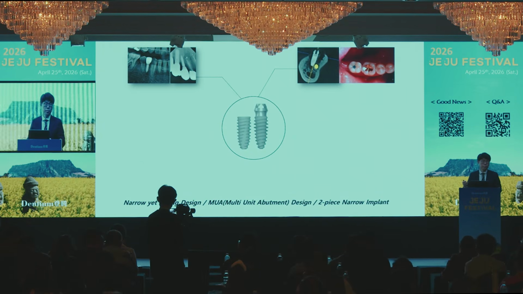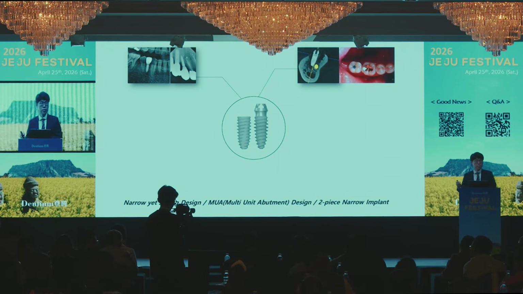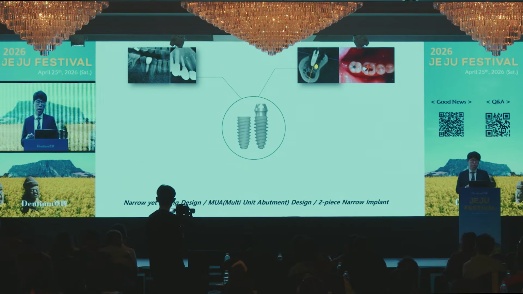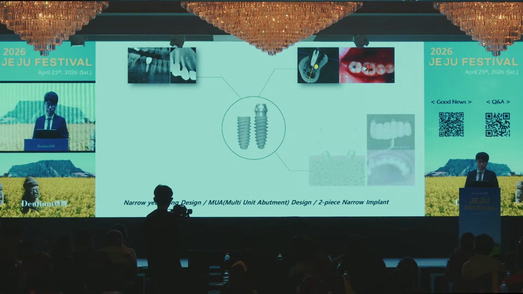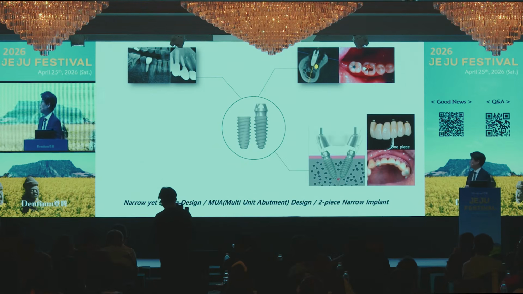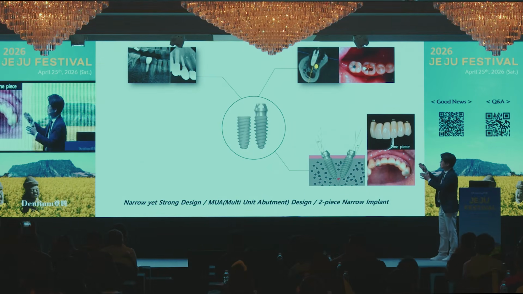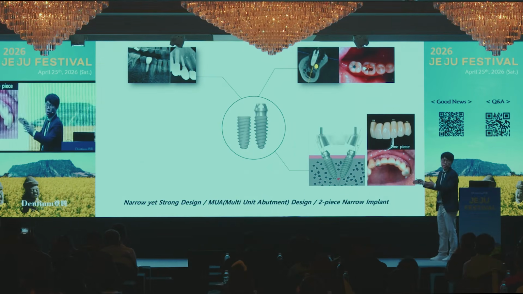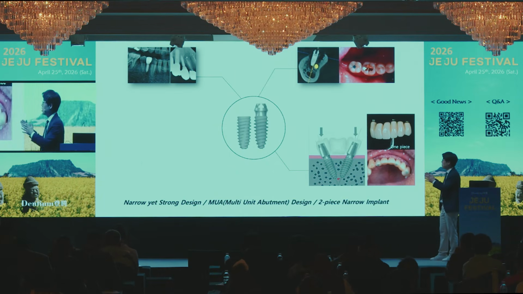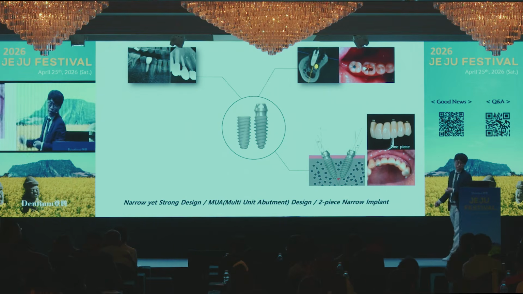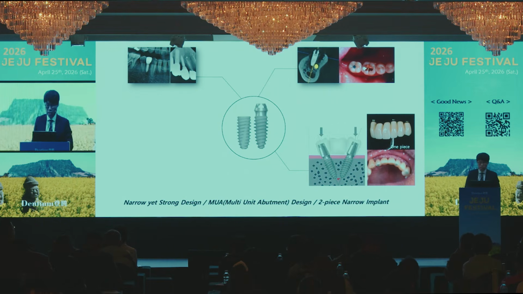I can place the implant angled, so I can avoid nerve damage. And also, when you place multiple implants, it's not easy to place them parallel. So within 40 degrees, with the Bright Tissue Level implant, we can make the prosthesis in one piece. That is very useful for multiple cases.